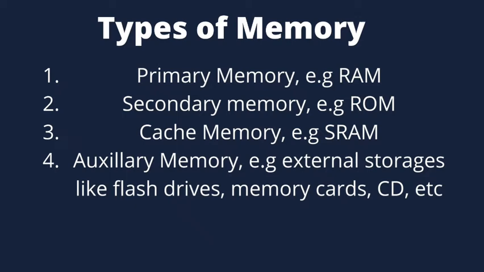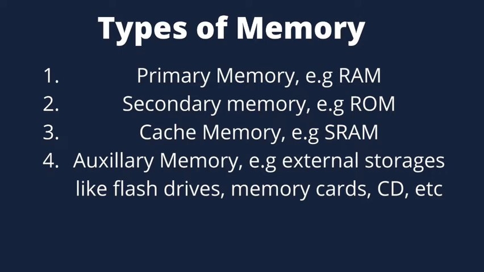We have two types of memory, but I decided to elaborate and say we have four types of memory. The very first one is primary memory, which you all know, called the RAM. The second is the secondary memory, known as the ROM. Then we have the cache memory, a good example being the SRAM, meaning static random access memory.